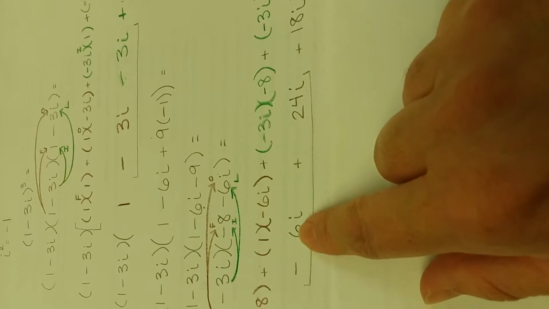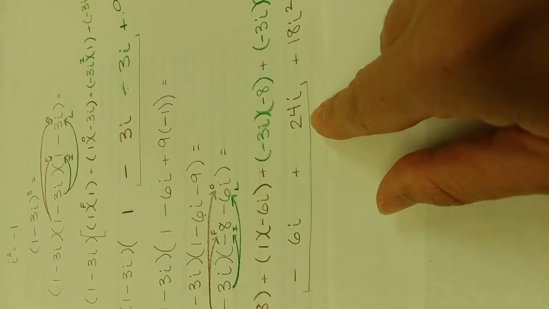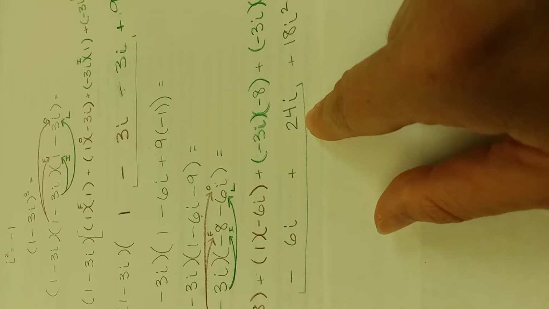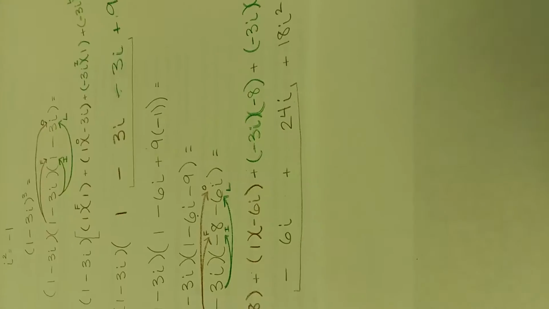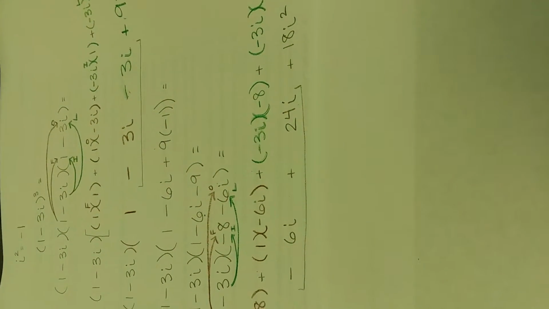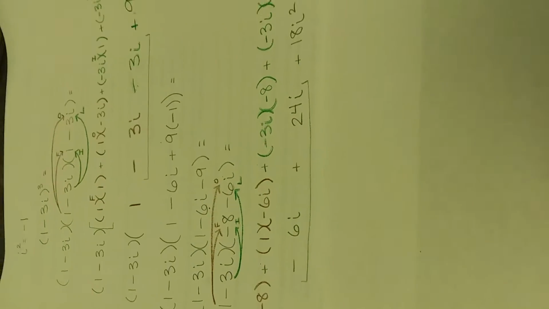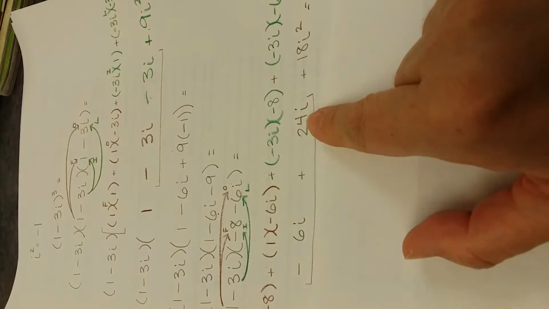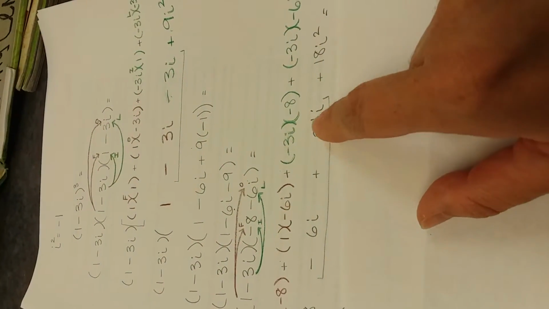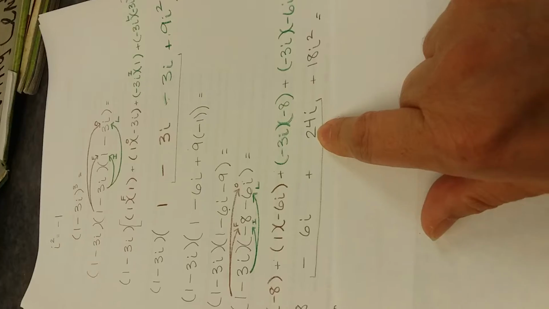I'm $6 in the hole, and then payday comes, and I deposit $24 in the bank. So now I'm out of the hole, and I have $18 to spare. Or another way people say it is, if I'm adding a positive and a negative, then I subtract the two values and I keep the sign of the larger.